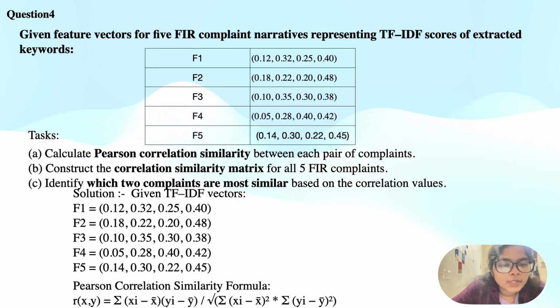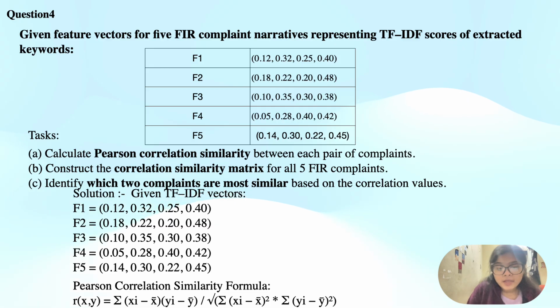So first of all, we need to calculate the Pearson correlation similarity between each pair of complaints. In order to calculate that, we are using this formula. First of all, we will have to calculate the sum of the differences of each item and the mean.